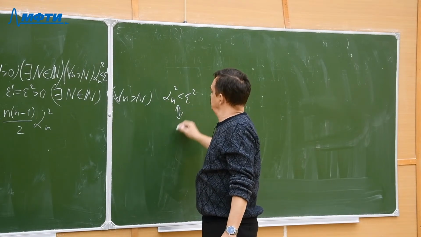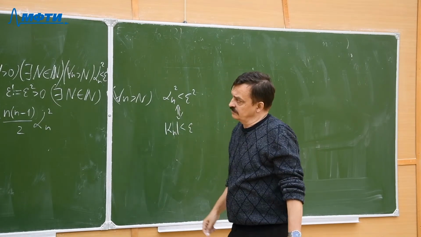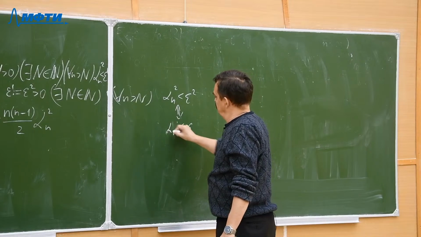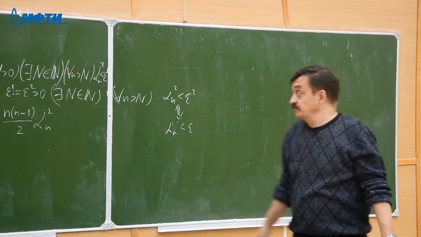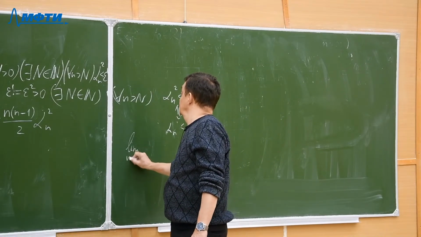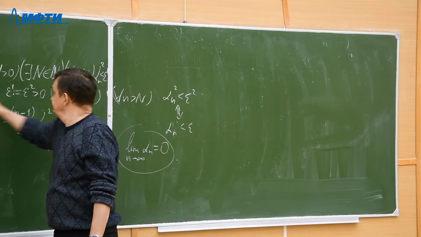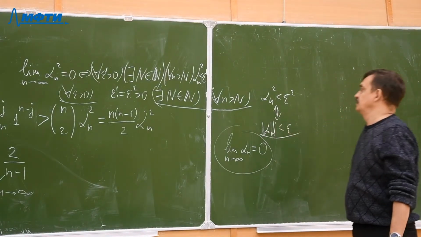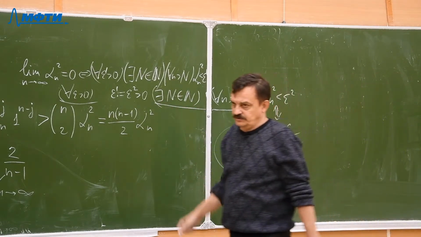The last inequality is equivalent to modulo alpha n less than epsilon. Remember, alpha n is positive, so we may forget about modulus. Yeah, so in fact, that is what we wanted to prove. So it means the limit as n tends to infinity of alpha n equals 0. Okay, let me put modulo here, because in the definition we should put modulo, although it is positive, so we don't need it.